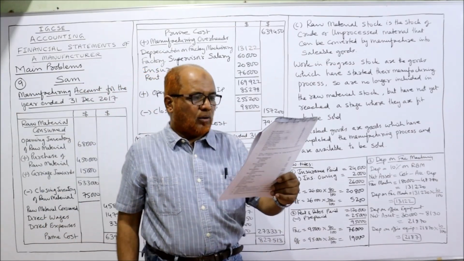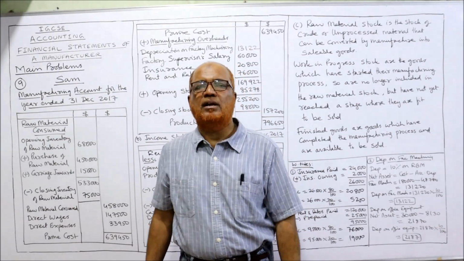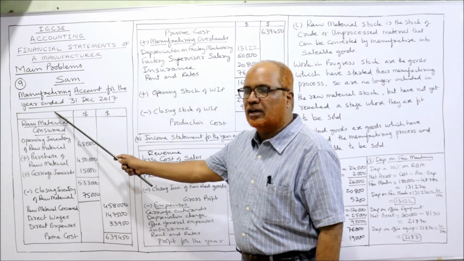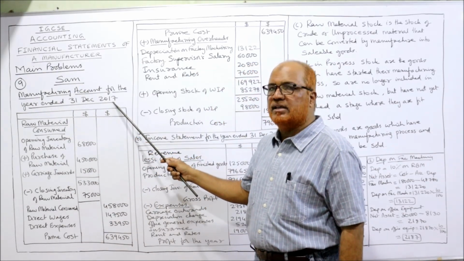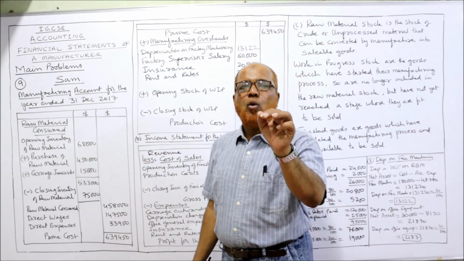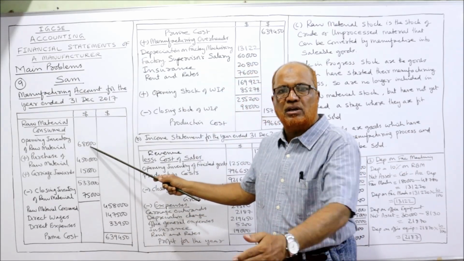That's it. Now, prepare the manufacturing account for the year ended 31st December 2017. First question, it is asking you to prepare the manufacturing account. Here it is. SAM, manufacturing account for the year ended 31st December 2017. 2 columns, raw material consumed. We'll take opening inventory of raw material, 68,000 given in the problem.